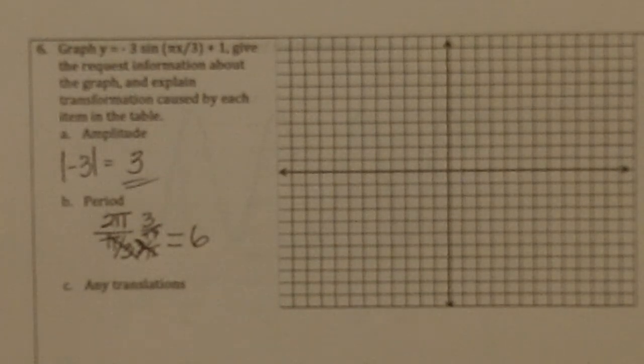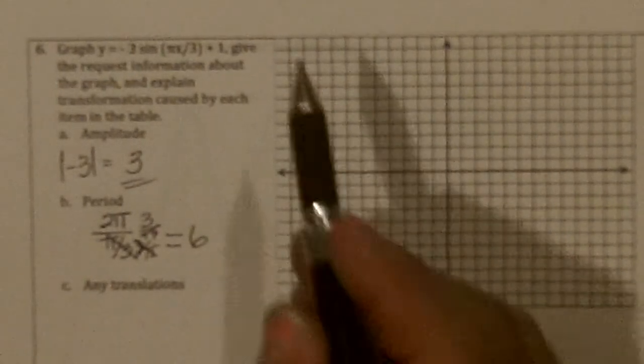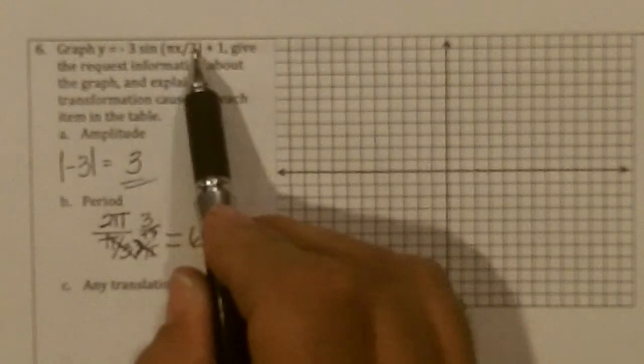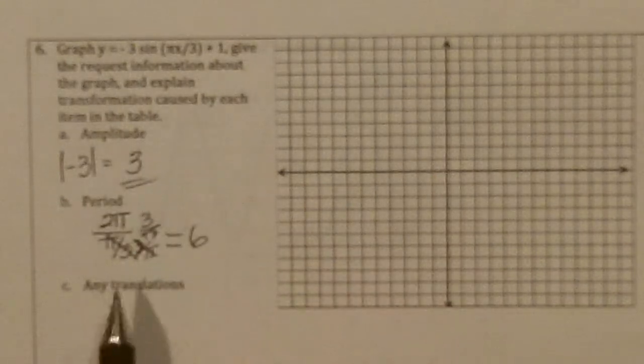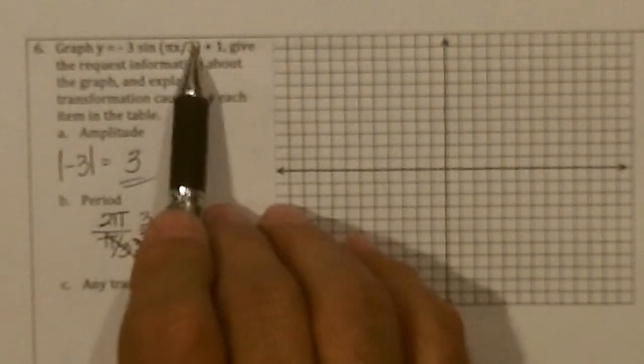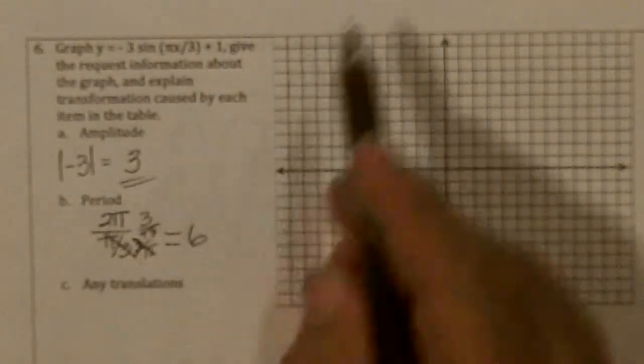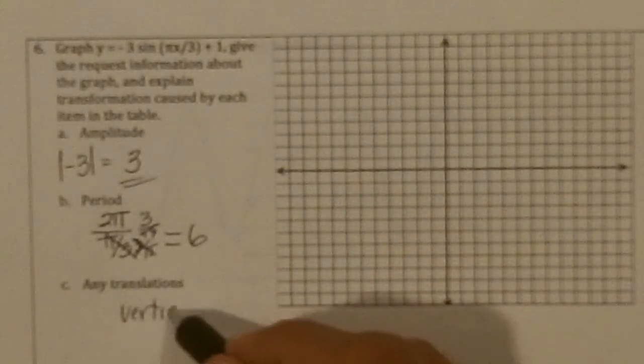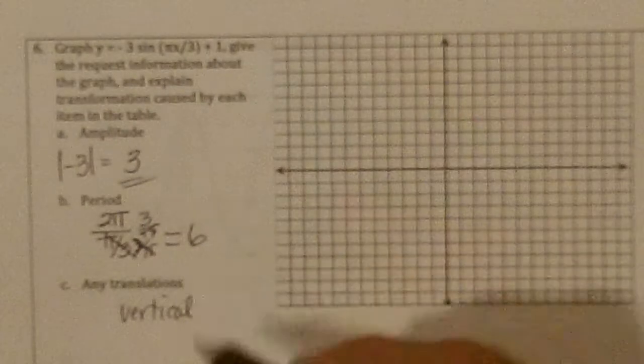That's the period. And then there's no horizontal phase shift translation of this translation, because there's nothing added or subtracted to the x, but there is a vertical translation of up 1.